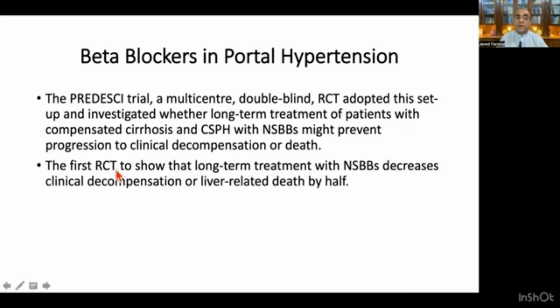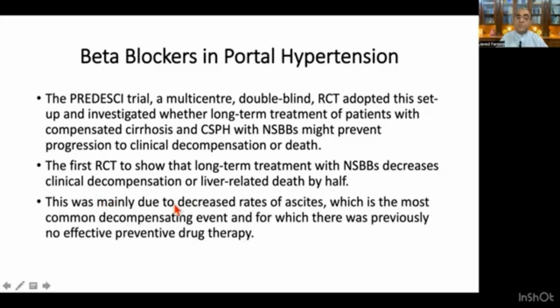This is the first randomized controlled trial to show that long-term treatment with non-selective beta blockers decreased clinical decompensation or liver-related death by half. This was mainly because of decreased rates of ascites, which is the most common decompensation event, and for which there was previously no effective preventive drug therapy.